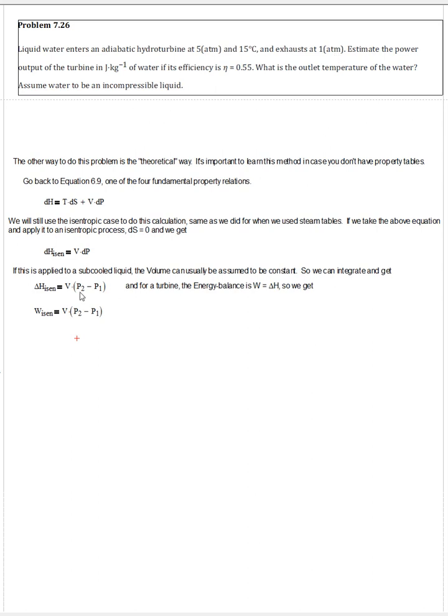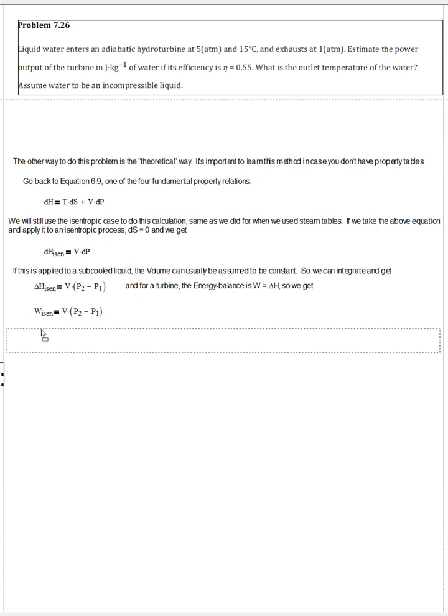That's just delta P. So our isentropic work is equal to V, the specific volume of our water, times the pressure difference. Because remember, for a turbine, the energy balance reduces to work equal to delta H.